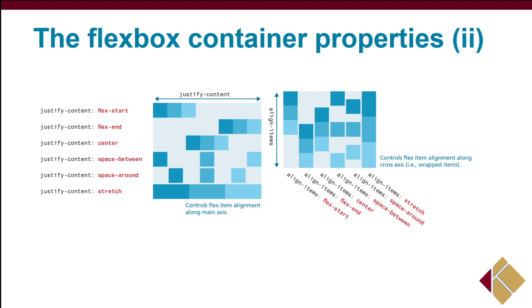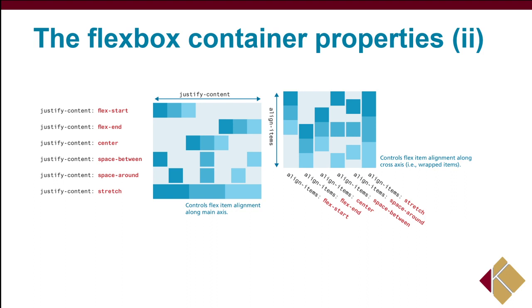Space between figures out the leftmost, rightmost, and midmost, and equal spaces. The more you add, the more it has to add in, but it is equidistant between them. Space around, the difference is that it adds a space at the beginning and at the end. So it's equal space, item, equal space, item, equal space, item, on and on.